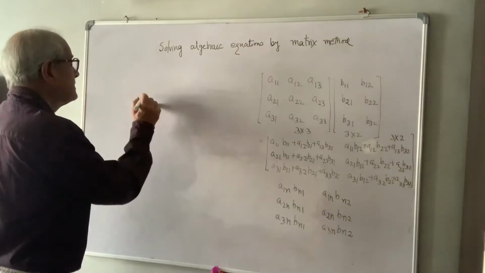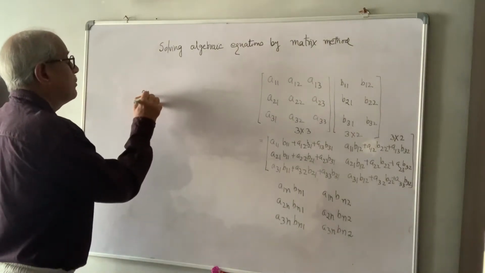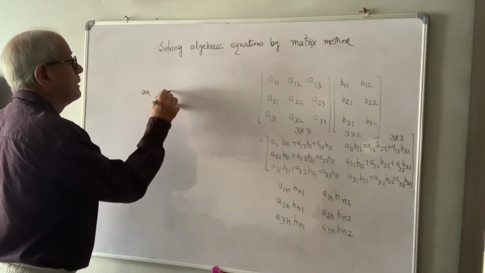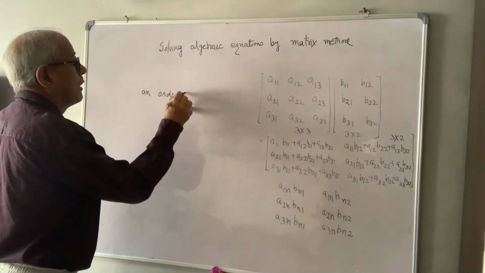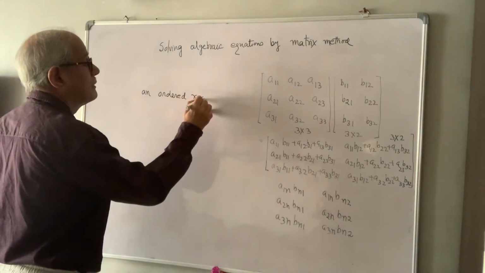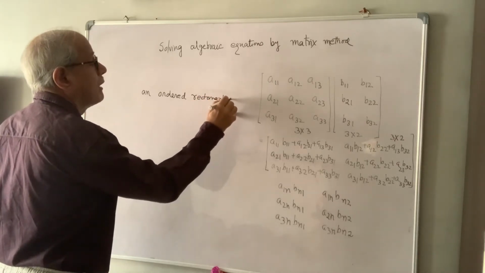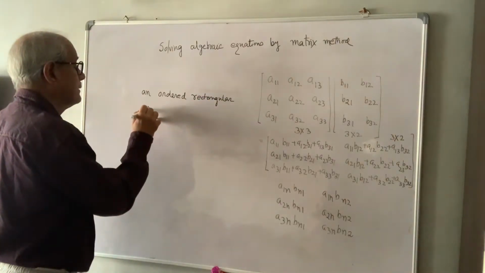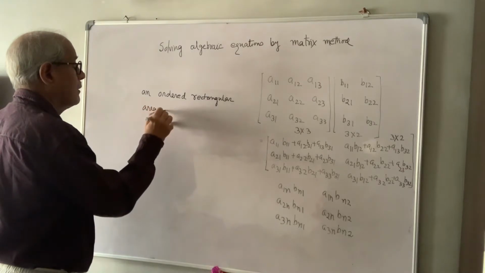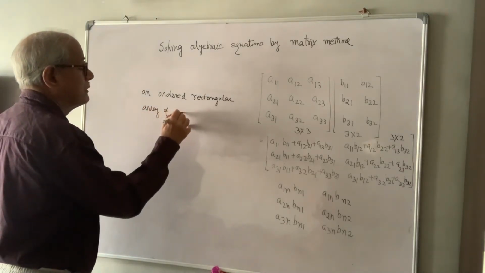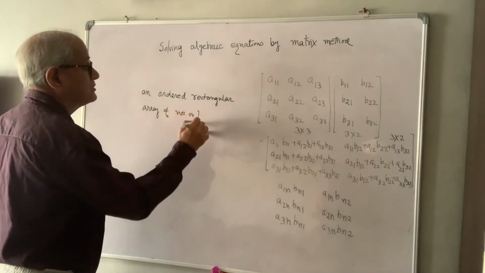So a matrix is an ordered rectangular array of numbers or functions.